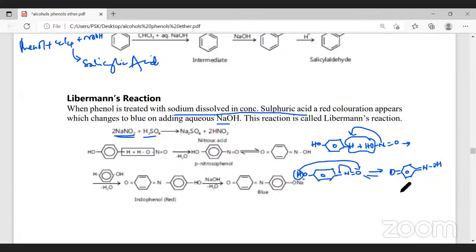This intermediate compound further reacts with phenol. So phenol, we can write it as OH, and I can represent an H here. What happens? Now this H and this OH get eliminated as water. When this H and OH get eliminated as water, what's the product we get?